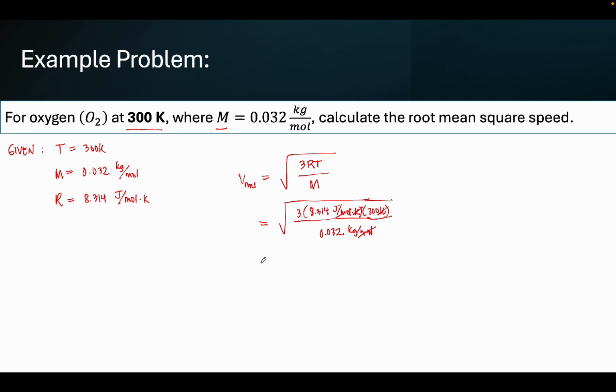But take note, if we break down joules, joules is kilogram times what? 1 joule, from work, is Newton meter, and Newton is kilogram times meter per second squared, times meter.